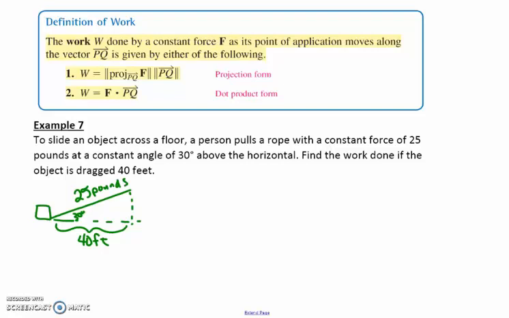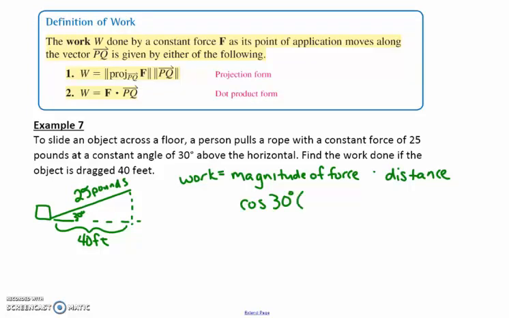Okay, so we know that work is the magnitude of the force times the distance that the person is dragging that object across the floor. And so that magnitude of force is going to be your cosine of 30 degrees times your 25 pounds.